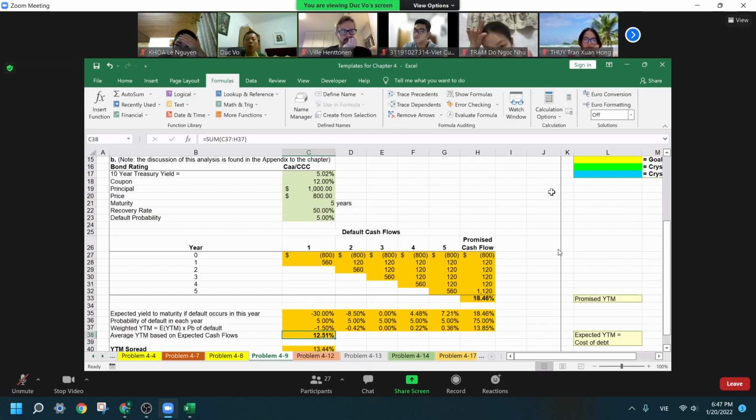The whole purpose of the exercise is to illustrate how you can take into account the probability of default. That is something new you never learned in corporate finance. I don't think I will ask you to calculate it, but the concept is that your return will be lower when you invest in the bond, when you take into account the probability of default.